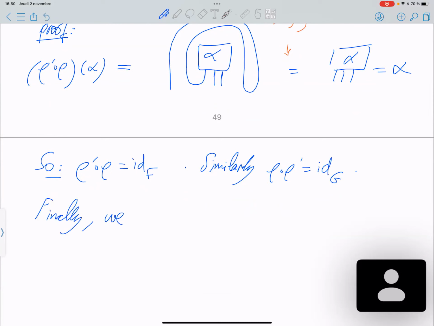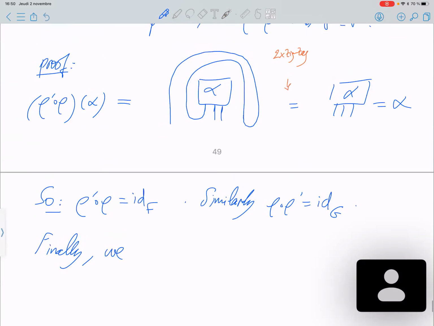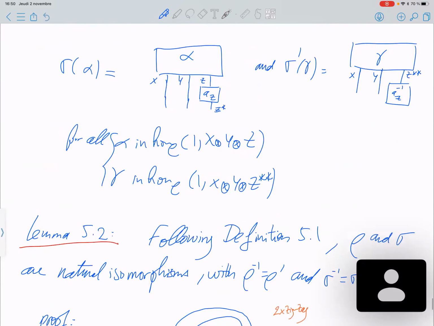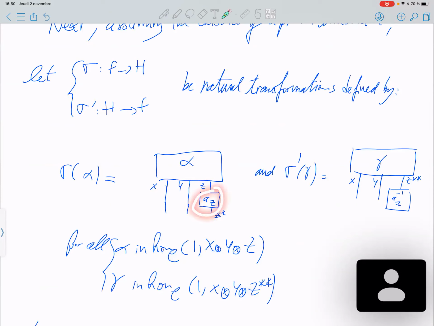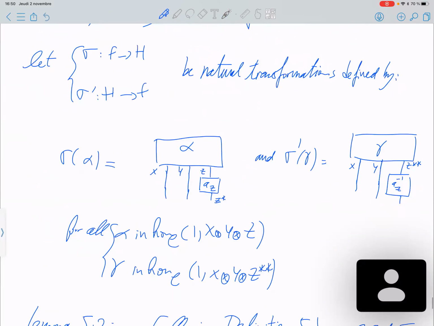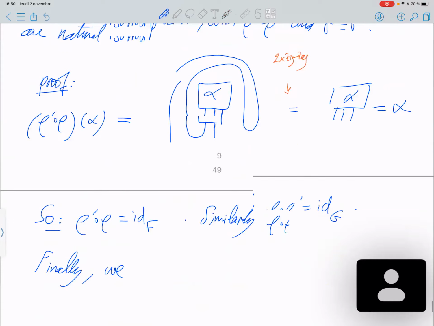Finally, for sigma and sigma prime, this is completely trivial because you put the pivotal structure and then you put the inverse. So you automatically get the identity in one way and the other way.